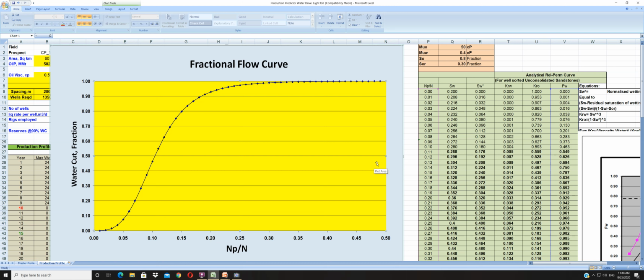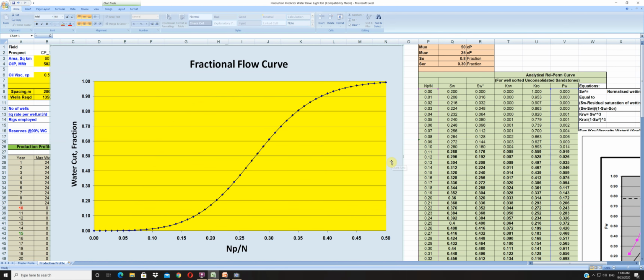So the first attempt, what some people want to attempt, is to increase the viscosity to 25 centipoise by adding polymers. Okay, so by adding polymers, you see the curve has shifted to the right. So here, what is happening? The mobility contrast has gone down now.